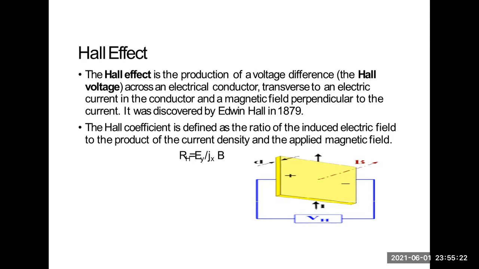You can see this formula in which RH is equal to Ey by Jx into B. There is a derivation related to this, and we can see it when we have the notes. Here Ey says that the electric field is in the Y direction, and B says that the magnetic field is going in the X direction, which is seen by means of the Jx.